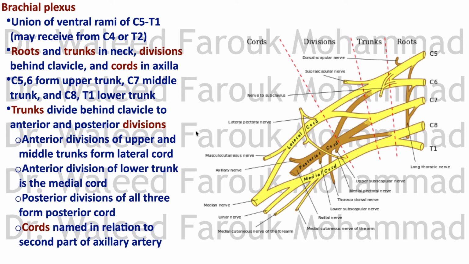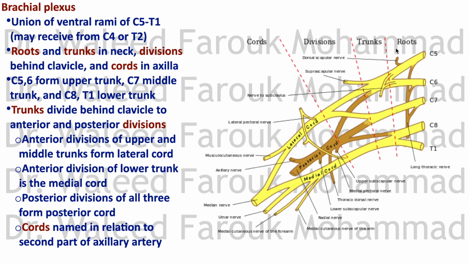Now the brachial plexus. It's formed by the union of the ventral primary rami. Remember, dorsal rami do not form plexuses. Only the ventral rami form plexuses. So it's formed by the ventral rami of C5 through T1, and may be shared with C4 and T2.